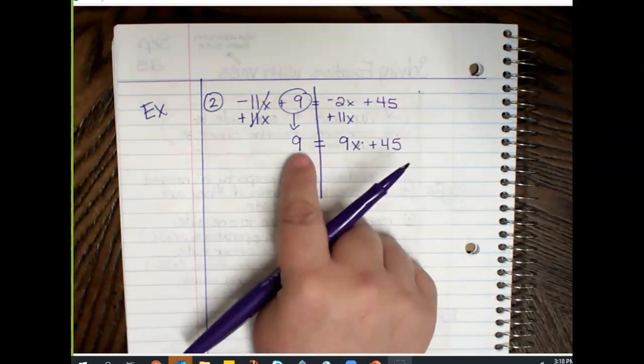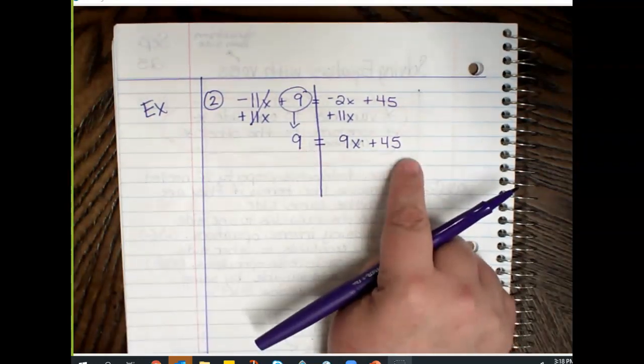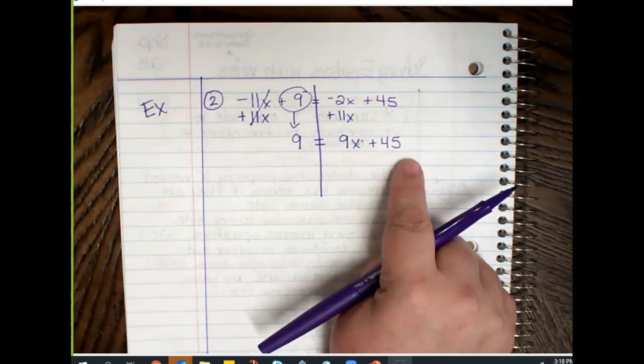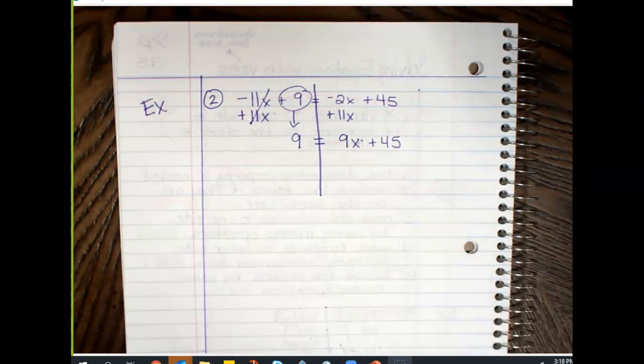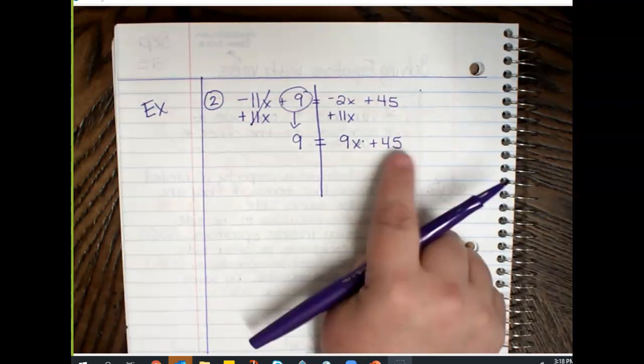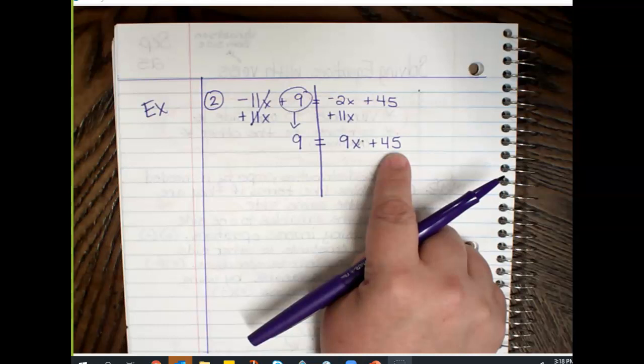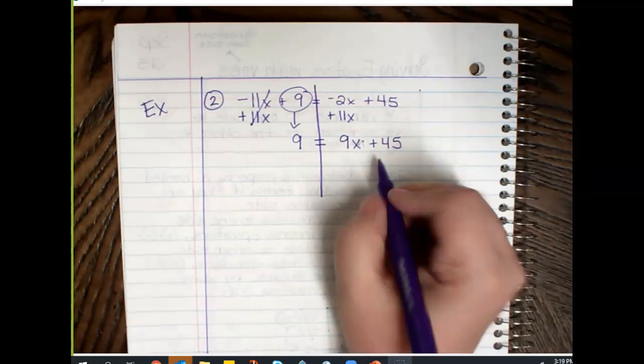Okay, so if I move my 9 over here, then I have variables and numbers on the same side. What did we say? We wanted variables on one side, numbers on the other. So I need to move my 45. So how do I get rid of adding 45? Subtracting 45.